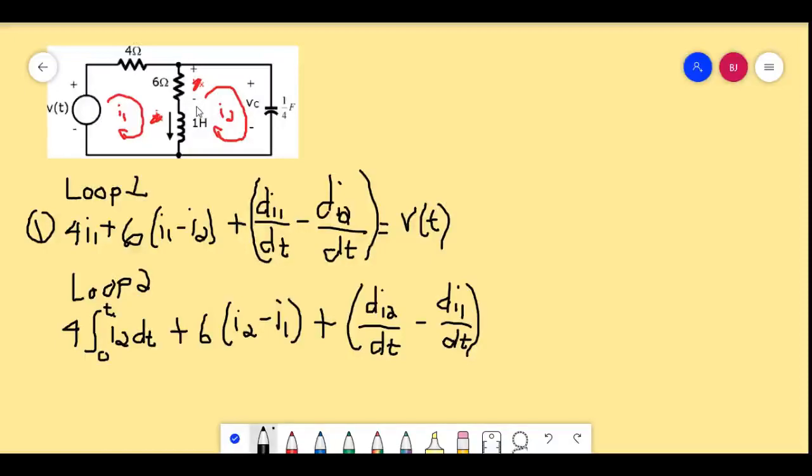Again, this is the inductor, the 1 Henry. It has a minus on it because there are two currents passing through it. Then here we have the resistor. So reverse I1 minus I2, I2 minus I1, and then we have the capacitor here for this one. Okay? So this would be our equation 2.